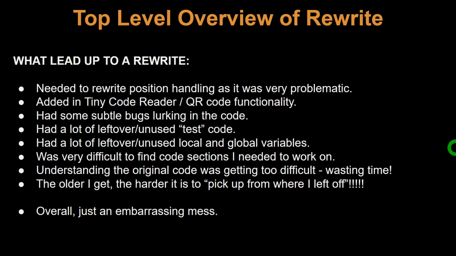It is difficult for me to get back into the code, and that's our next bullet point item. The older I get, the harder it is to pick up from where I left off. I'm getting old. I guess this is normal.